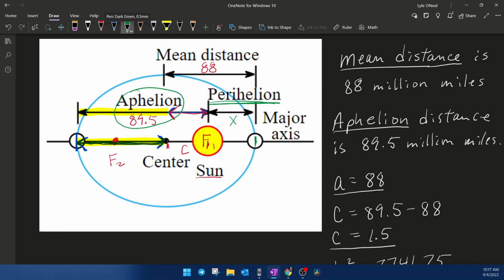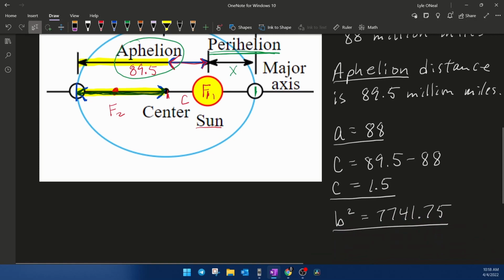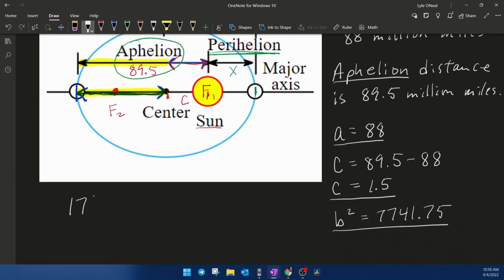So if the mean distance is 88, then the length of the major axis would be 88 times 2, which is 176. And we need to subtract from that the aphelion, which is 89.5, and that will give us the length of the perihelion, which works out to be 86.5. And remember, this is measured in millions of miles.